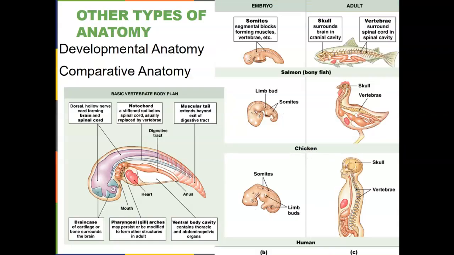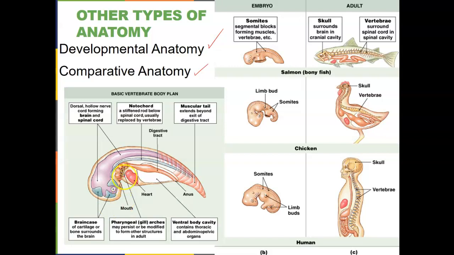Now, there are other types of anatomy that biologists study: developmental biology, or developmental anatomy, and comparative anatomy. Developmental anatomy is something that basic biologists and doctors and nurses and anatomists study, because all vertebrate animals start out with the same components in the developing embryo.